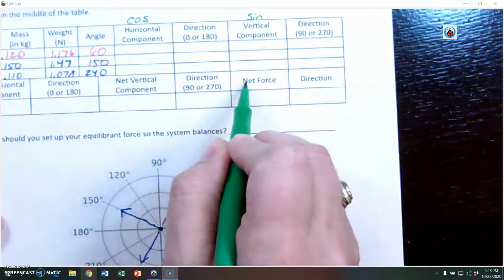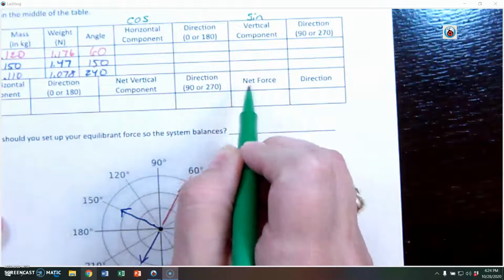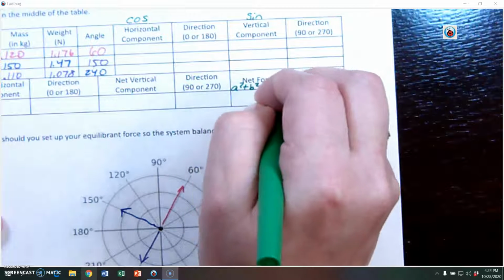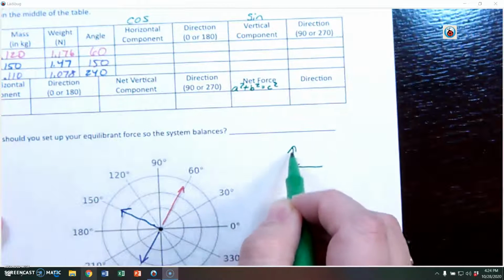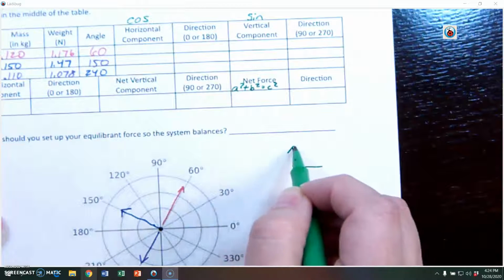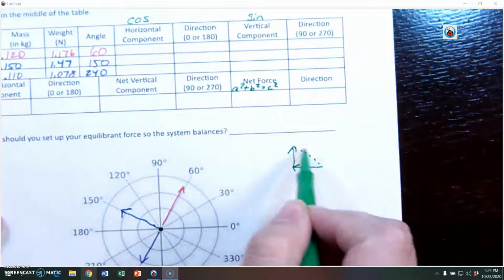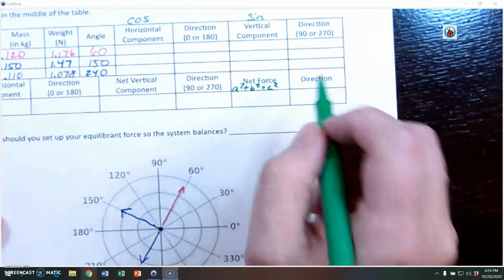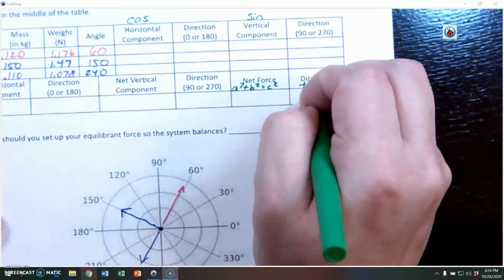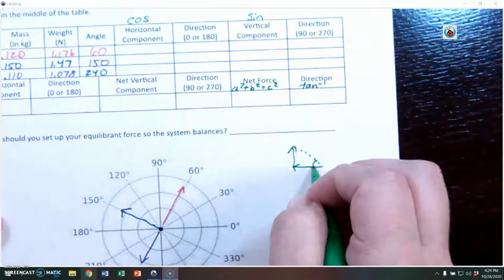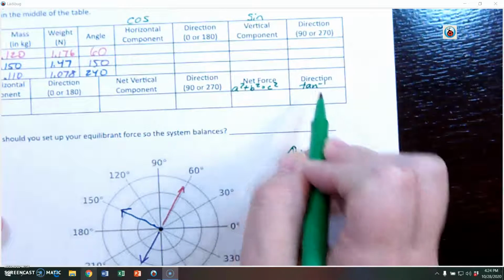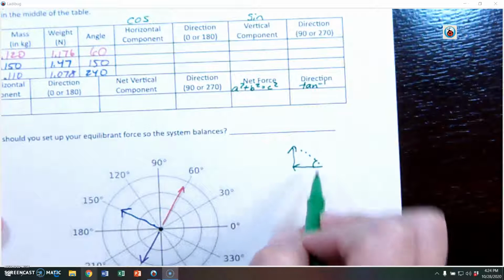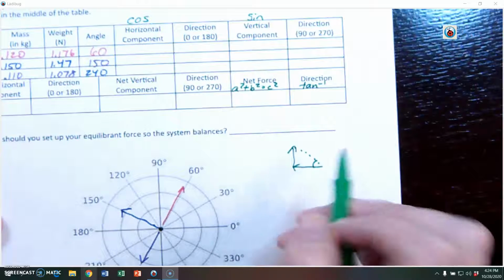Okay. So for this net force, you're going to use your Pythagorean theorem, with this being your A and your B, to find out what that net force is when you combine the two angles. And then for direction, you want to use your inverse tangent of your opposite over your adjacent to find that angle.